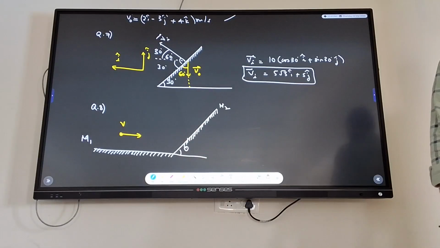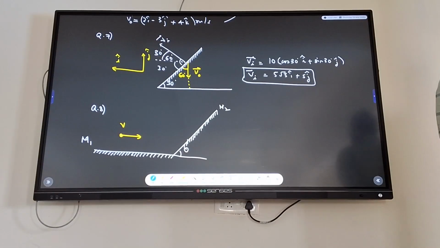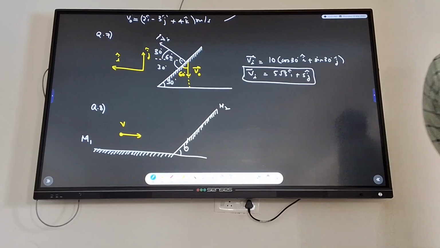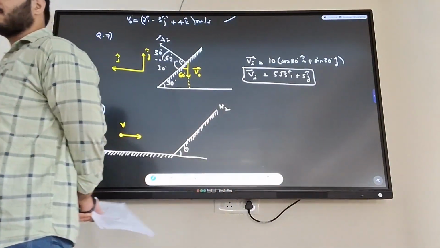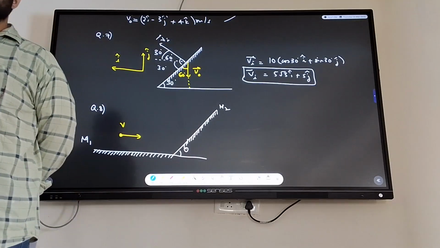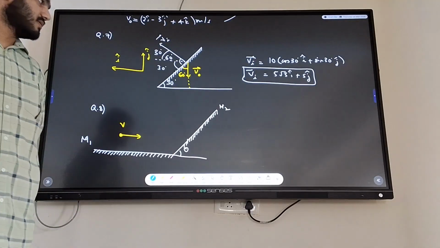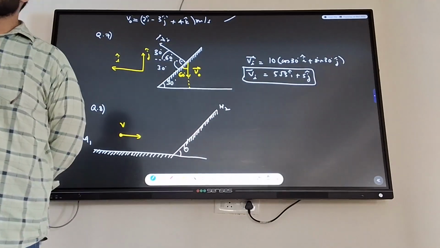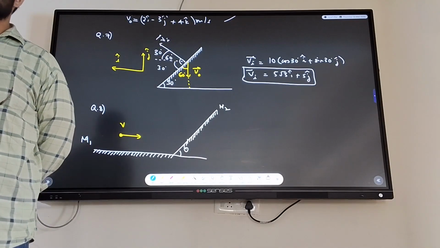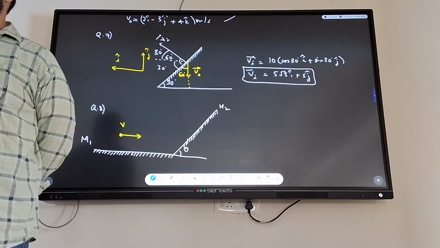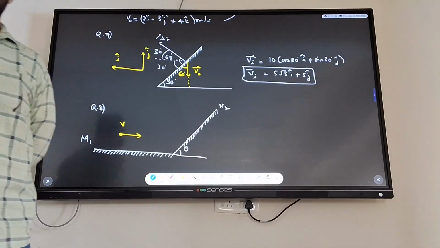And I think they are asking to find the relative velocity, some kind of relative velocity. The velocity of the image as observed in mirror 1 relative to the velocity of image as observed in mirror 2. Now we have 2 mirrors. How will you deal with it? I'm giving you 2-3 minutes to think and then we'll start.